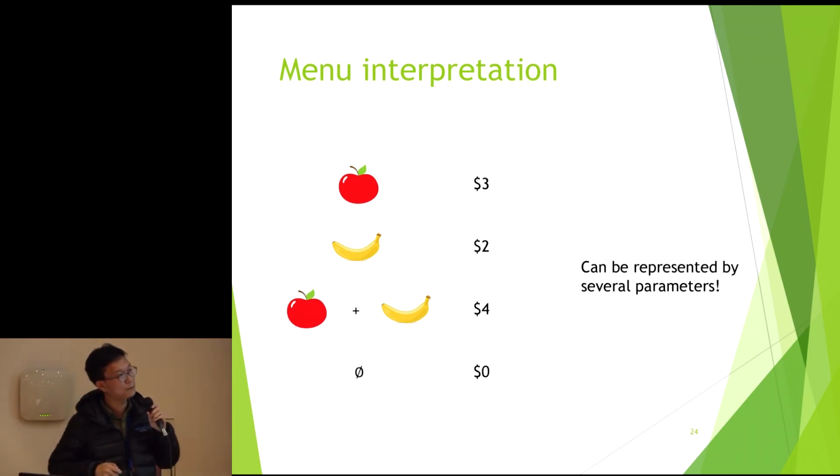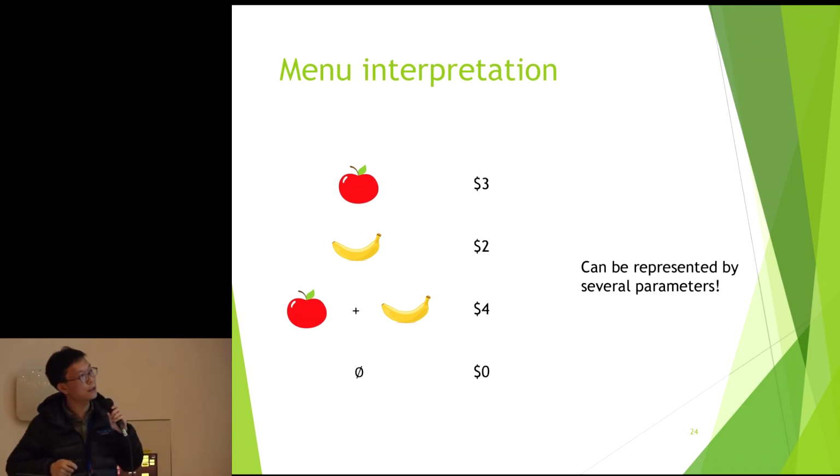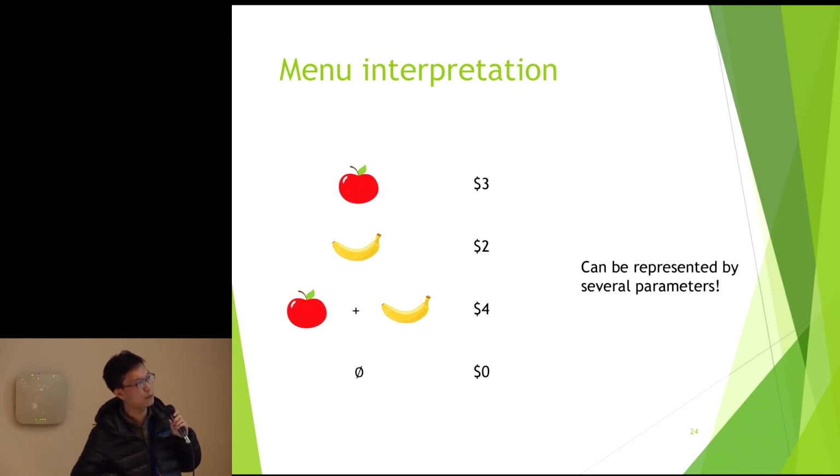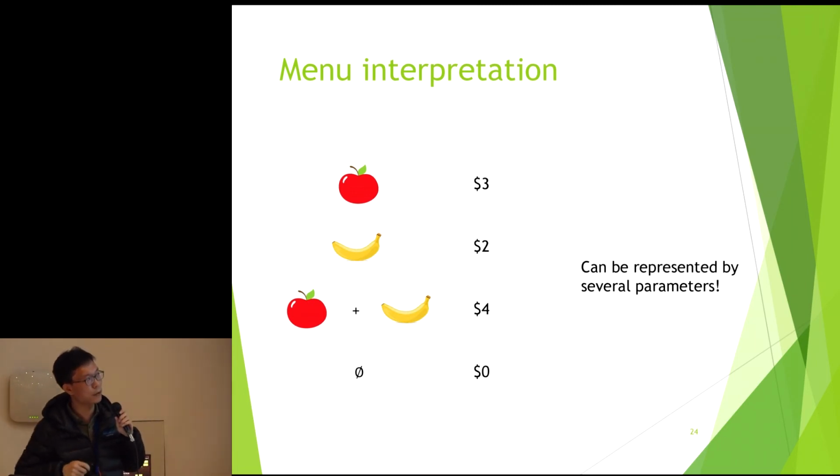The advantage of using this interpretation is that the entire mechanism can be represented by only several parameters, like the amount of each item here and the price of each menu entry.